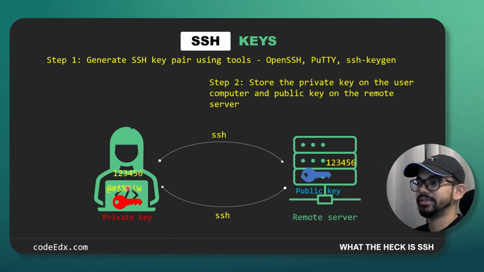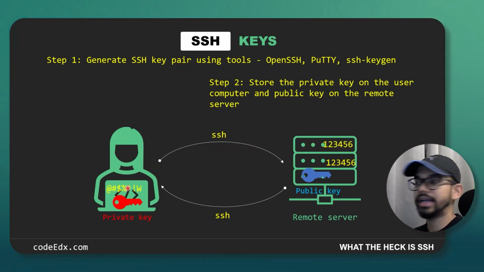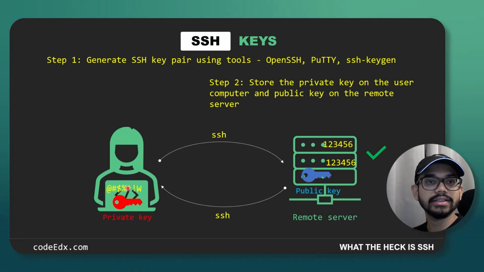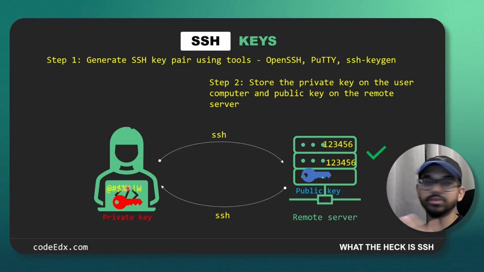If it has the actual private key, it will be able to decrypt the number, and then that number is shared back to the remote server. The remote server then matches the two numbers, the actual number and the number that the client has sent back, and if they match, then the connection is established and it will allow you to SSH onto the remote server.